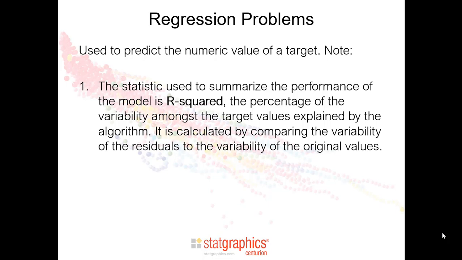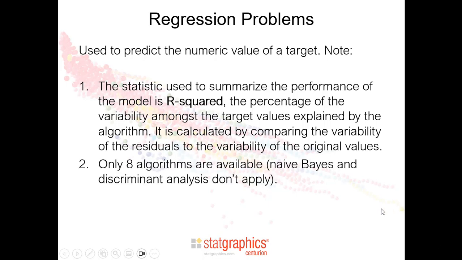It's calculated by comparing the variability of the residuals to the variability of the original target values. The second difference is that only 8 algorithms are available. The naive Bayes and discriminant analysis don't apply to regression problems. And finally, residual plots are available in all of the procedures.